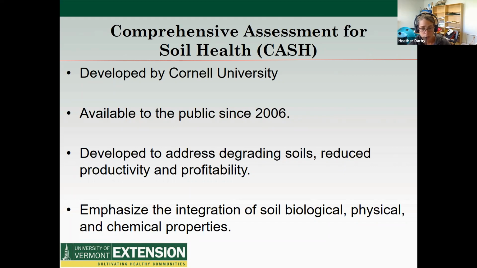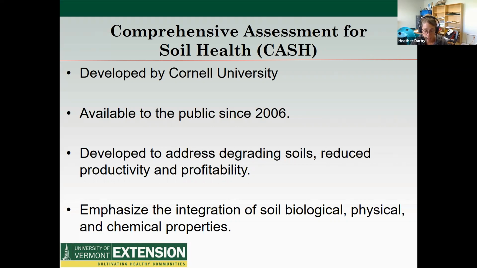So I've worked with the test and with Cornell scientists for the past 13 years or more, trying to collect data, basically looking at different practices and different indicators for soil health.